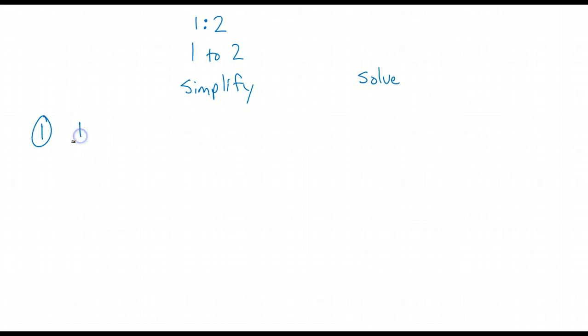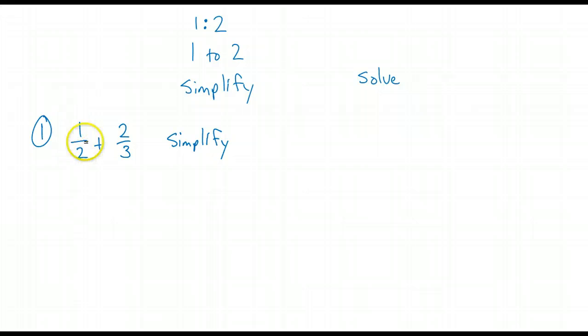Let's say we have 1/2 plus 2/3. If we look at this problem, there is no equal sign. Since there is no equal sign, we need to simplify this ratio, 1/2 plus 2/3.